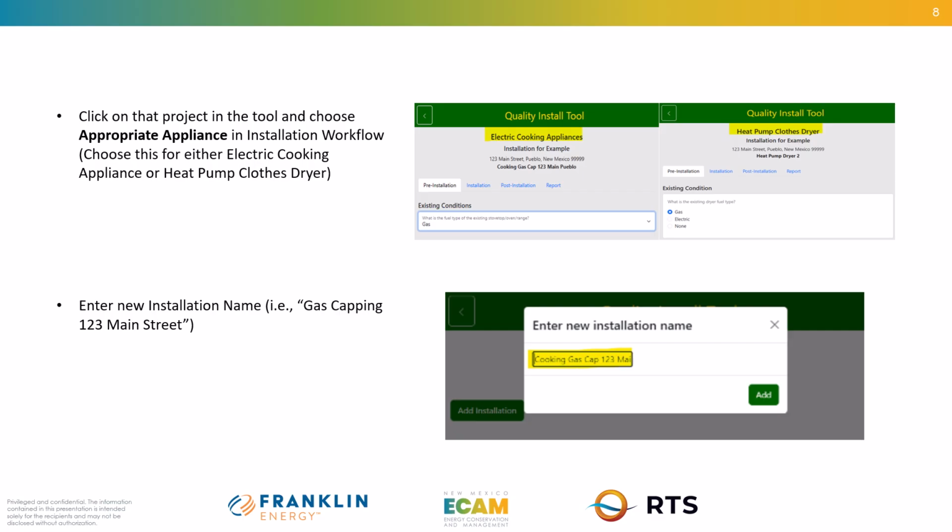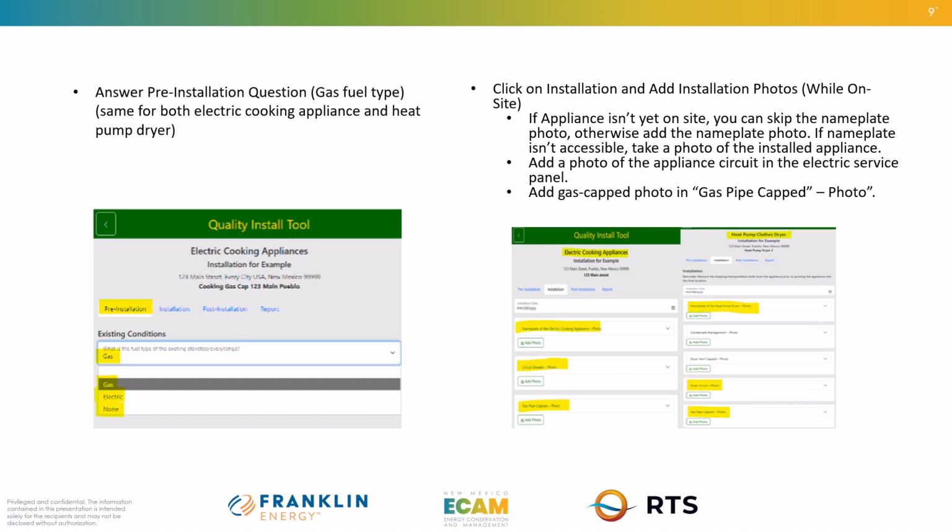Click on the project and choose the appropriate appliance in the installation workflow. Enter the new installation name in accordance with the installation in progress. For example, gas capping 123 Main Street. Next, you will answer the pre-installation fuel type question and add photos. Click on Installation and add installation photos.